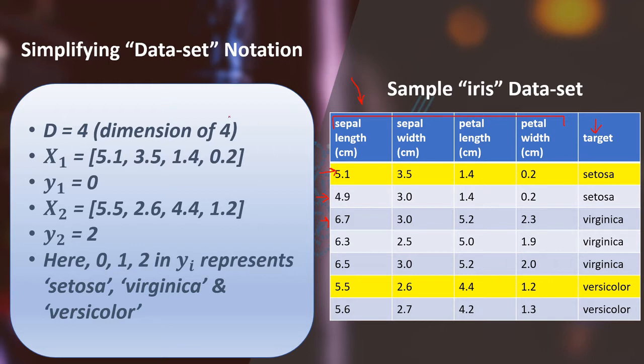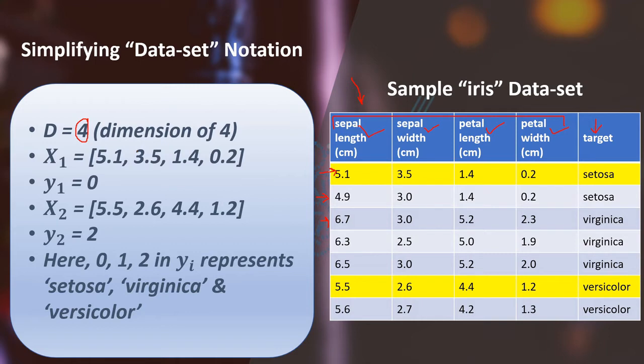As I have mentioned, xi belongs to R^d, that is dimension d. Here d equals 4 because we have four feature columns: sepal length, sepal width, petal length, and petal width. That's why the feature set dimension is 4. The subscript i denotes each and every feature set.